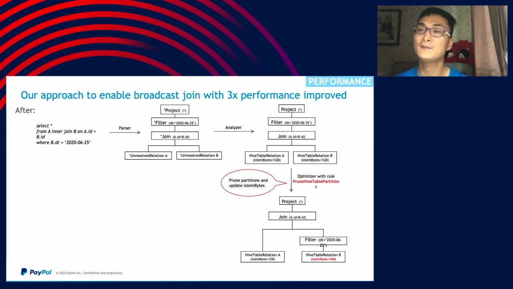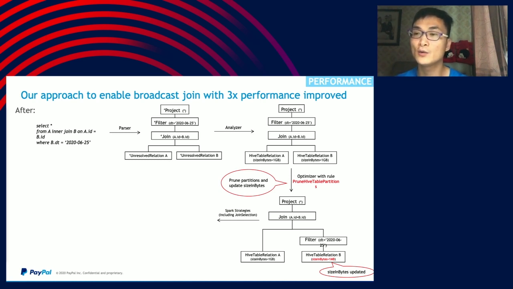As you can see here, the statistic of Hive table relation B is updated to 1 megabyte, because 1 gigabyte is the whole data size of table B. Meanwhile, the partition we are using is just 1 megabyte.